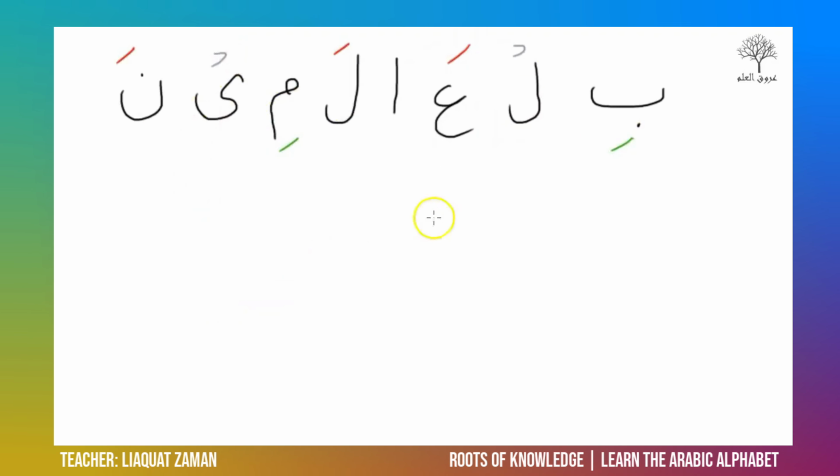Okay, so here, join them together then, have a go. Bil, now notice you have the alif there, so bil, stretch it slightly. So bil, la, mi.